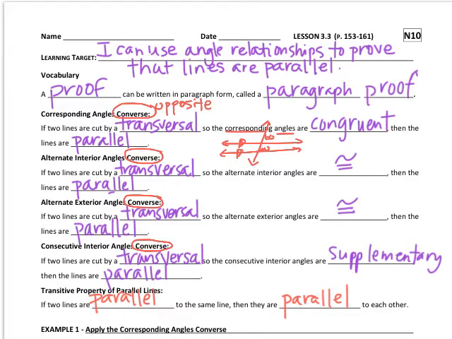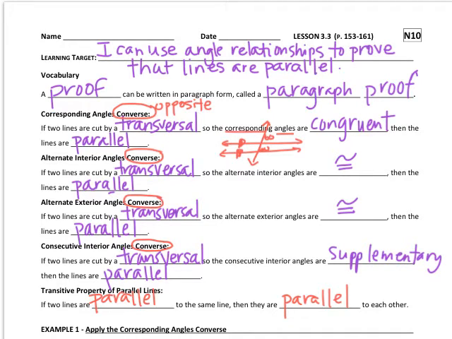Okay, so now I can put the parallel markings on those lines. So that's kind of what the whole lesson is about, and we're still using the same angle pairs, but this time we're going to check and see if the lines are parallel.